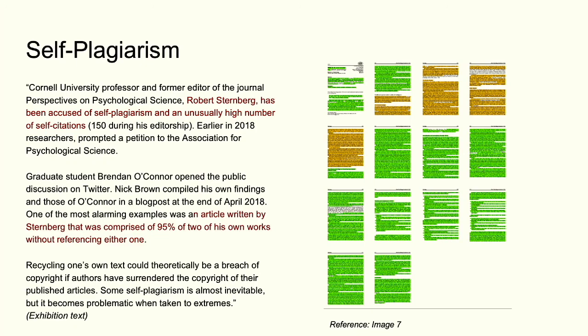It certainly improved his citation rates, but it got to a point where it was so overwhelming that it had a negative reaction. One of the most alarming examples was an article written by him that was 95% taken from two of his own works. He just took two works, put them together in a third, and counted that as a new publication.